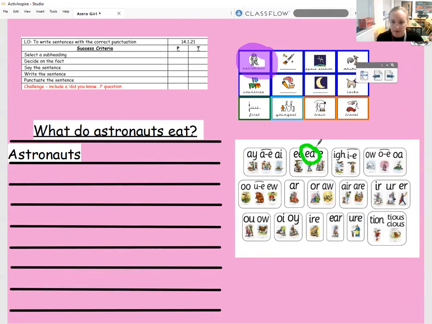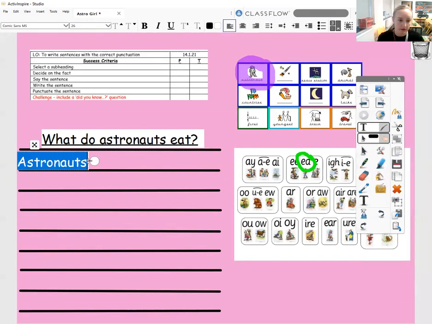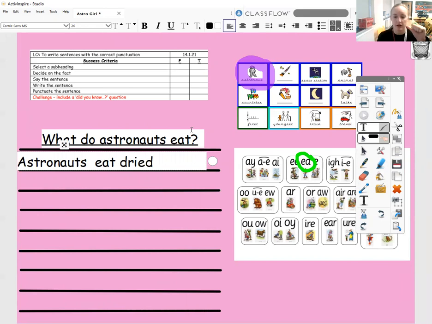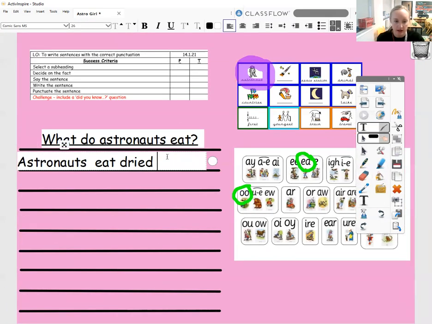E, there we go. Astronauts eat dried food. Spelling of food. Ood, food. You see oo on my word map. Where is it? There it is. So I can use that to help me. So astronauts eat dried food.